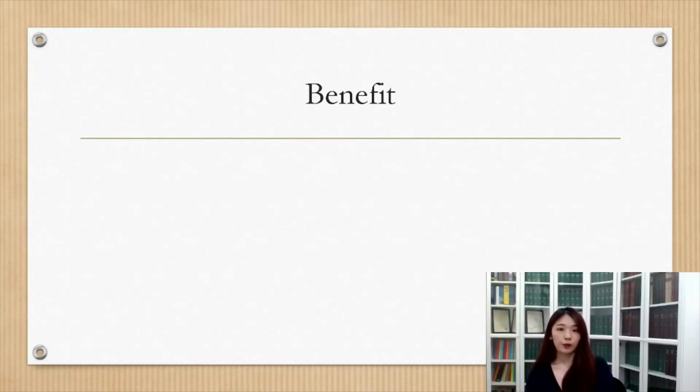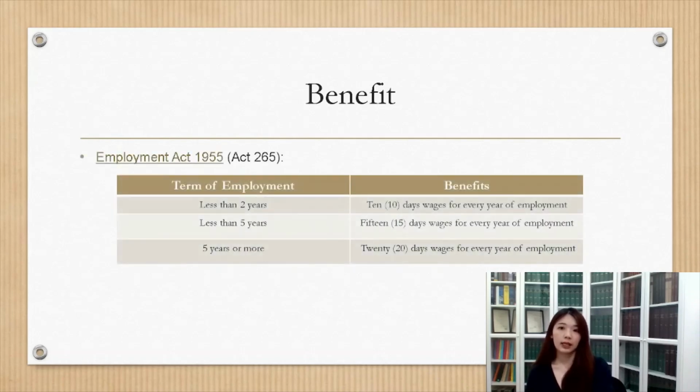So we'll now move on to the last part of the slide, which is the benefits for retrenchment and layoff. Should an employee be terminated by a company on grounds of redundancy, he or she will be paid a lump sum, sometimes known as the retrenchment benefit, and this is governed under the Employment Act 1955. As you can see in this table, the benefits are dependent on the term of employment.